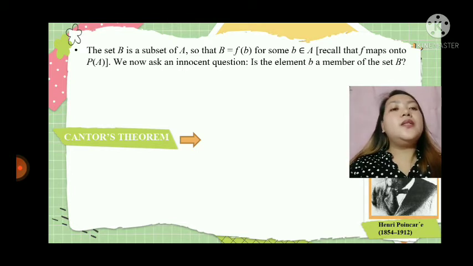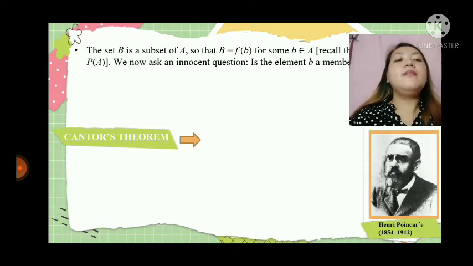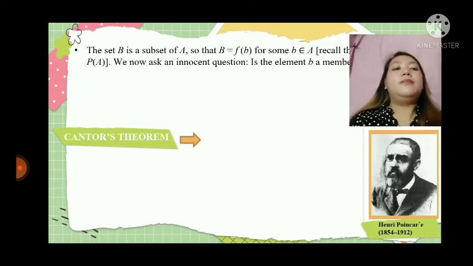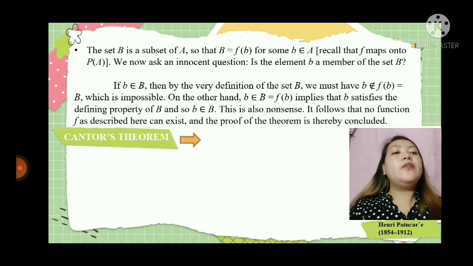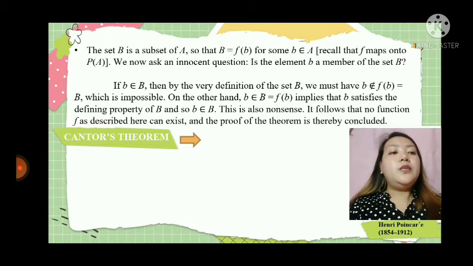We now ask an innocent question: is the element b a member of the set B? If b is an element of B, then by the very definition of the set B, we have b is not an element of f(b) = B, which is impossible.